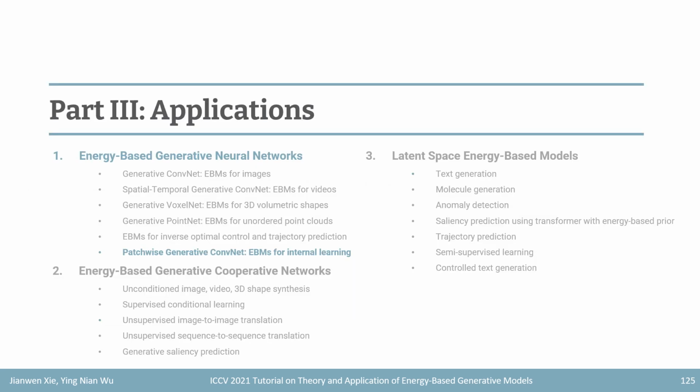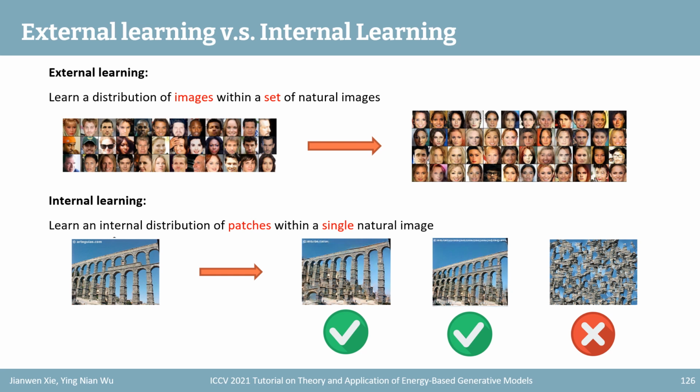In this section, we will move to energy-based framework for internal learning. Different from external learning, where the goal is to learn a distribution of a dataset, the internal learning seeks to learn a distribution of patches within a single natural image rather than relying on external data.